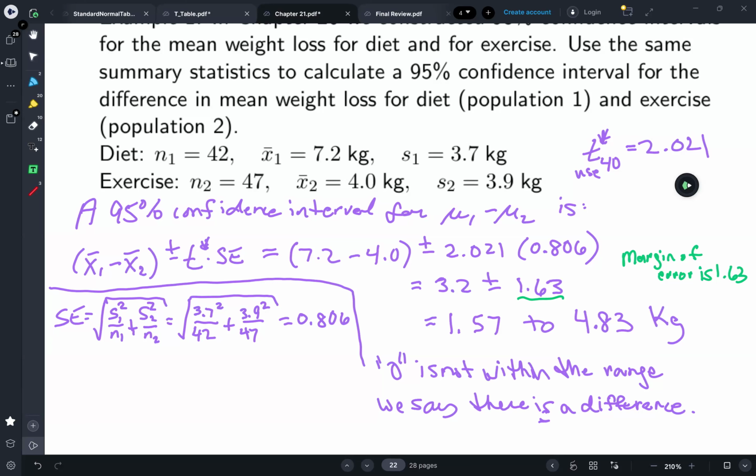You would still say there's no difference. So that's how it's done. That's the two sample confidence interval, we call it.